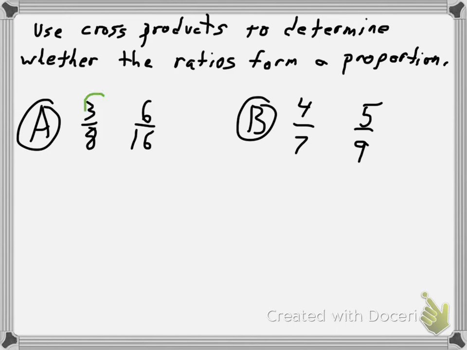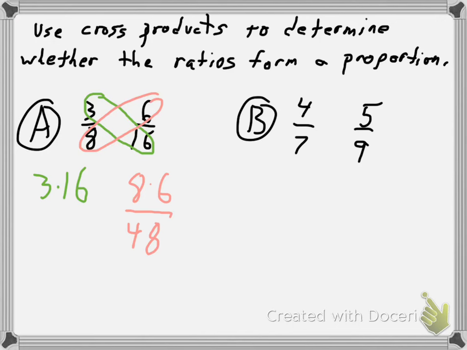So I'm going to multiply 3 times 16, and then I'm going to multiply 8 times 6. I'm going to start with 8 times 6 first, since that's the one I just wrote down. 8 times 6 is 48.